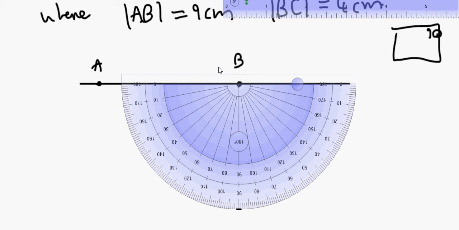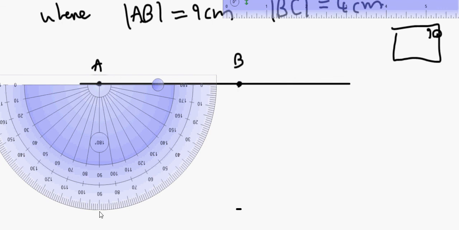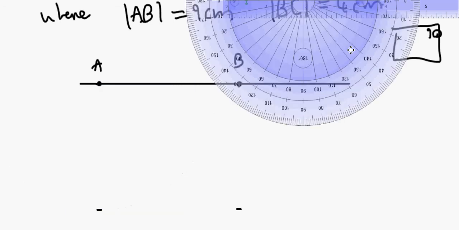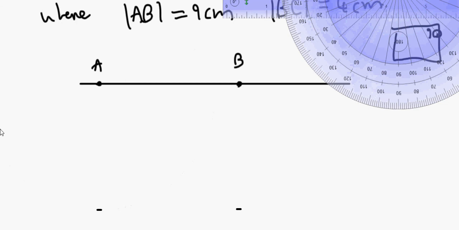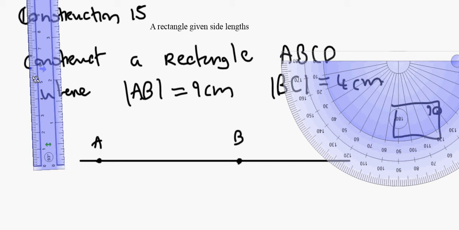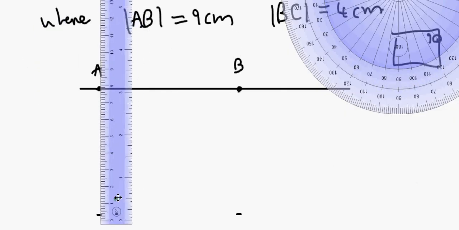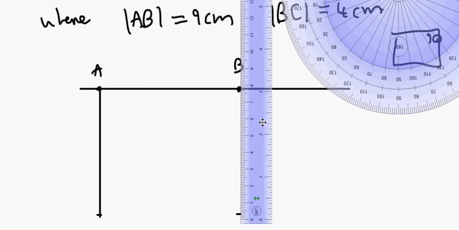We can do the exact same thing for A, being 90 degrees. Okay, and we can just draw a vertical line going through both of these as well. So a longer line than you need. So we can just draw a line going all the way down. Another line going all the way down.